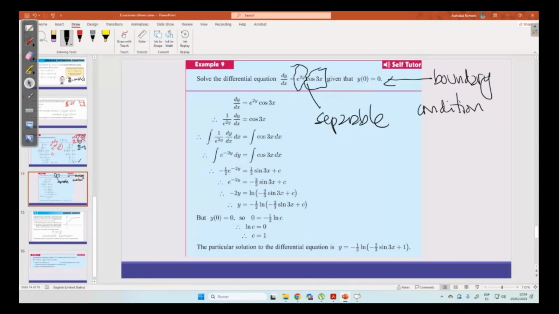So 1 over e to the 2y goes down, but it's e to the minus 2y. Exponential functions are nicer functions. So you got here two immediate integrals. Remember, the problem of a differential equation is going to be as hard as the integral involved.